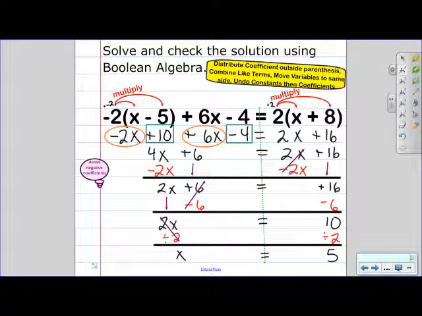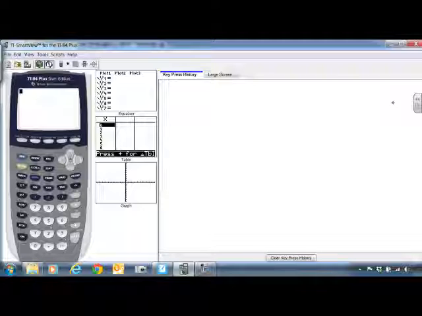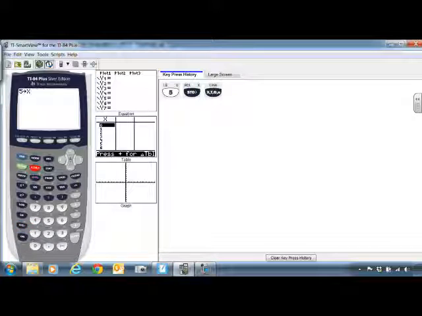So now I do need to check my solution using Boolean algebra. So let's go to our calculator. Okay, in our calculator, we want to enter our solution, which was 5, and we want to store that as x. Press enter, and then our calculator will confirm that. Then we want to type in our equation.